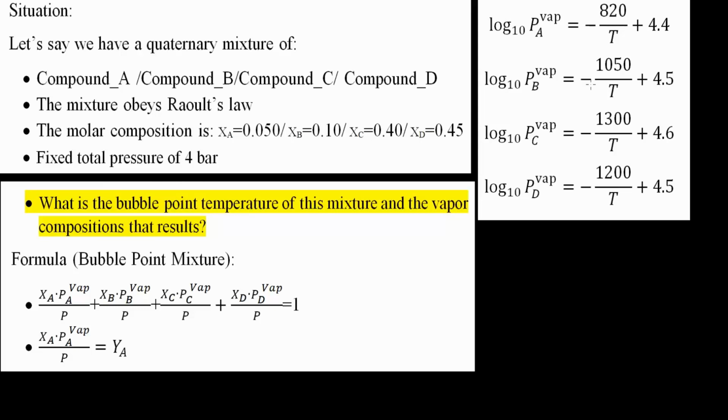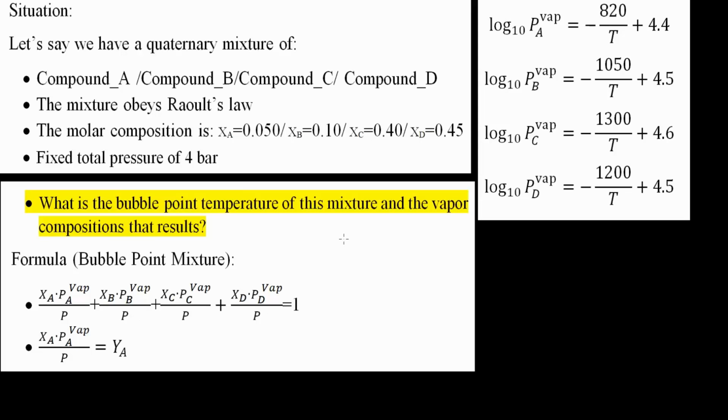We're also given vapor pressure for the pure species, given by the Antoine equation here. And just as a side note, the bubble point formula that we will use is this, and the vapor composition formula is this. And so we're ultimately going to solve for bubble point temperature using this equation right here. This is the first equation.